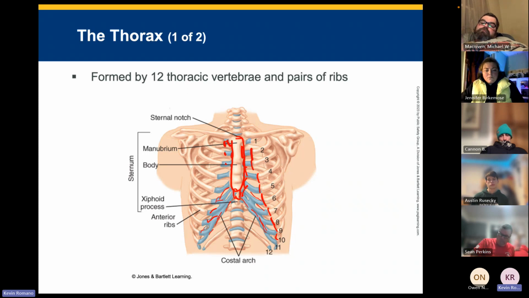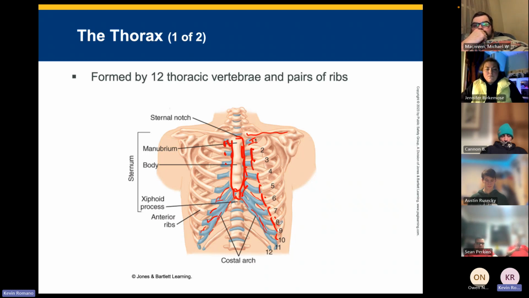As we're doing our assessment of the thorax, we want to make sure that we start at the clavicle, and then just below that starts rib number 1. We want to make sure we palpate every single rib going down, feeling for any kind of crepitus or flail segment, so two or more broken ribs in that area.